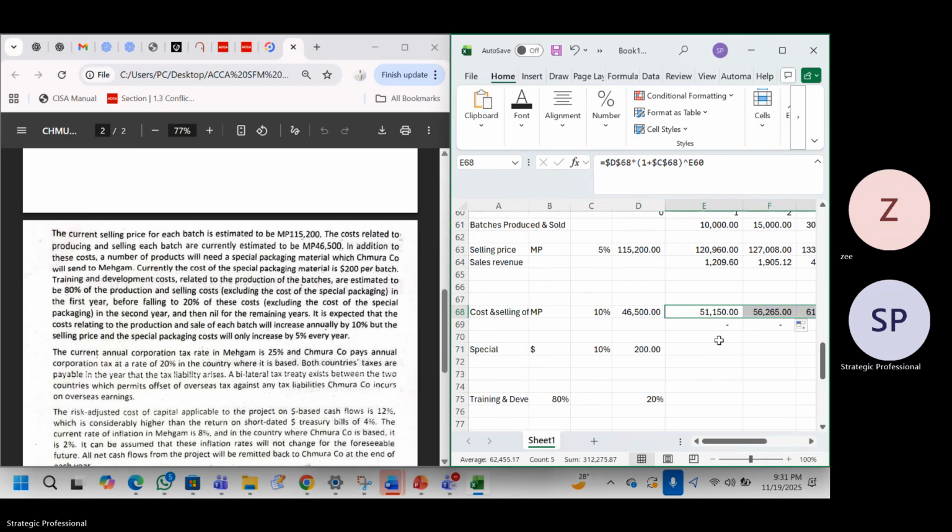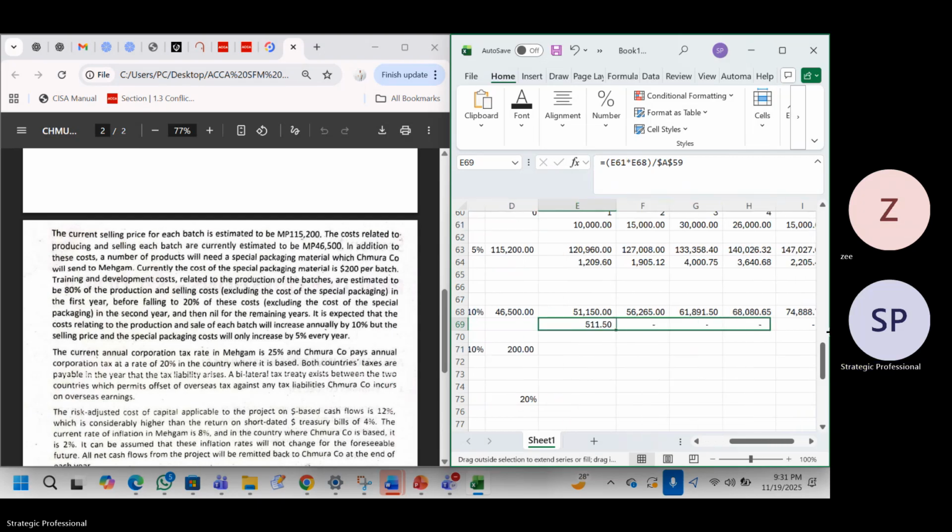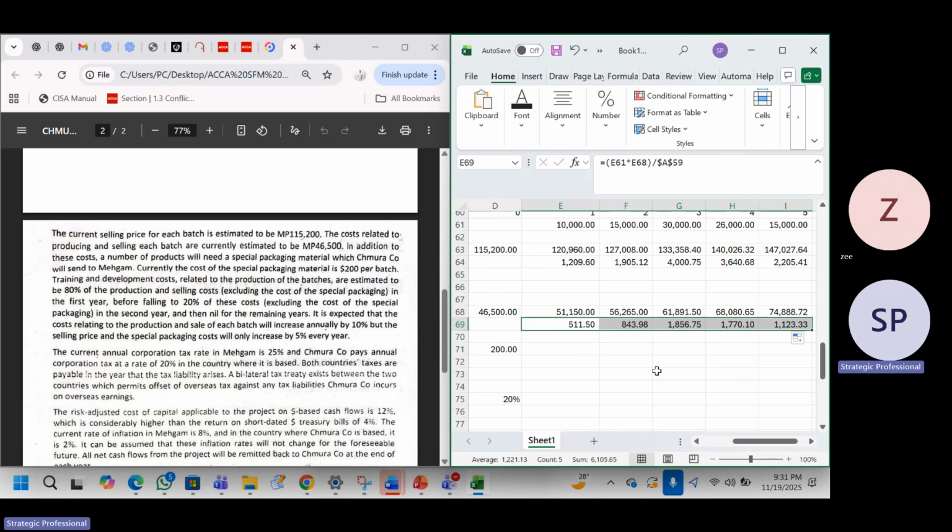Is it clear? So the cost and selling amount is also using the cost multiplied by the what? This should be 10,000, right? And the 51 divided by that. And I'll stretch it. So this is the cost and selling price volume.